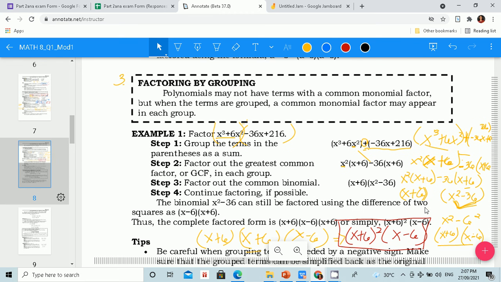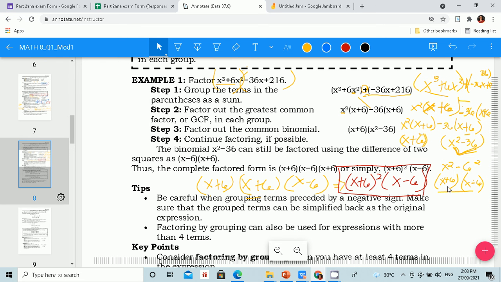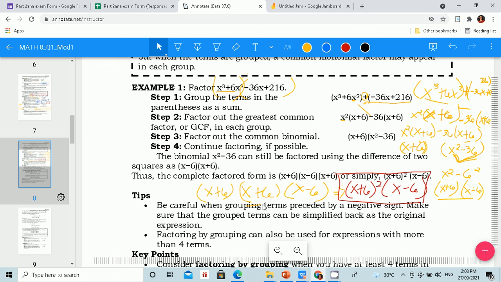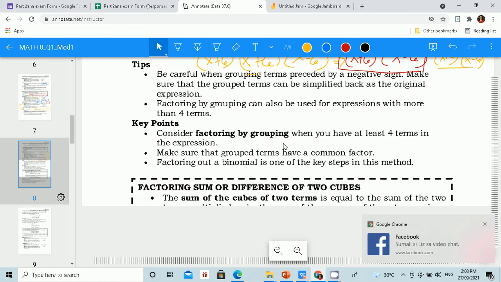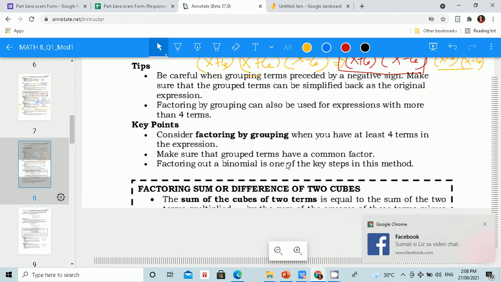That's why we have x plus 6 times x minus 6. So the final factor is x plus 6 from the first group, and from the second group x plus 6 and x minus 6. Since we have x plus 6 there too, we can write the square, and then x minus 6. So that is our final factor.